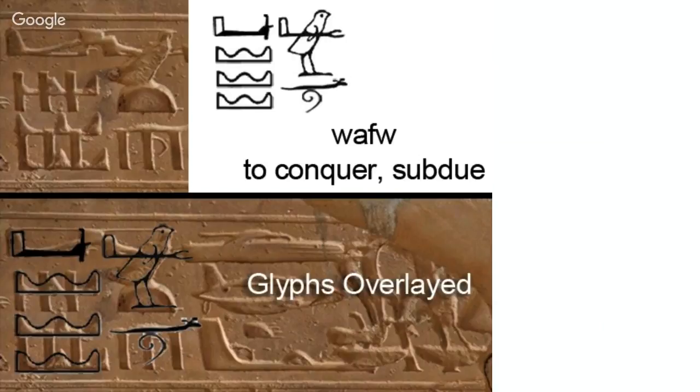Because remember, to the ancient Egyptians, those people who lived on the other side of the mountains and the hills were foreigners, because in ancient times they had natural borders. The natural borders could be the desert, the hills, or water. All right, or even the cataracts along the Nile, the first and second cataract that people are familiar with. But anyway, this says wafao, which means to conquer or subdue. That's part of Ramses' name.